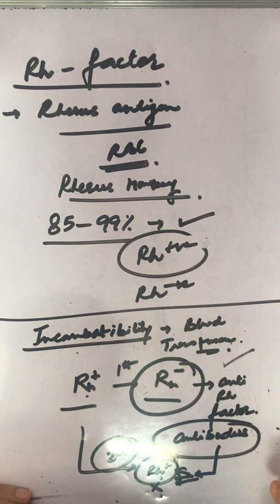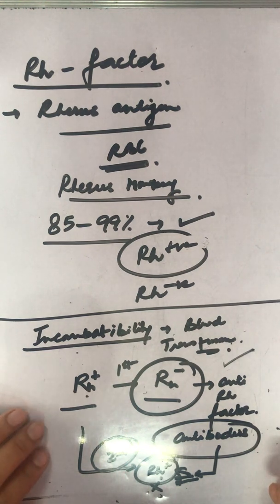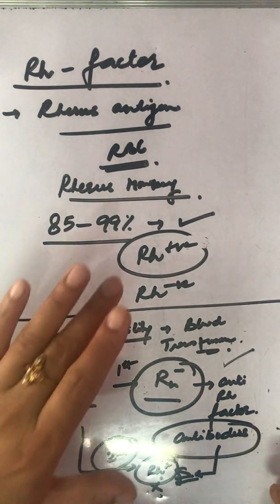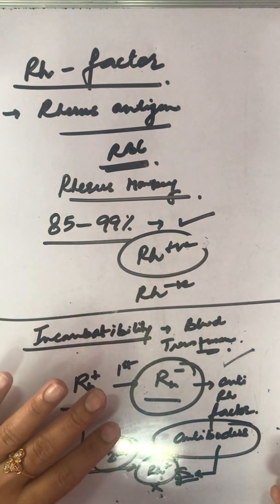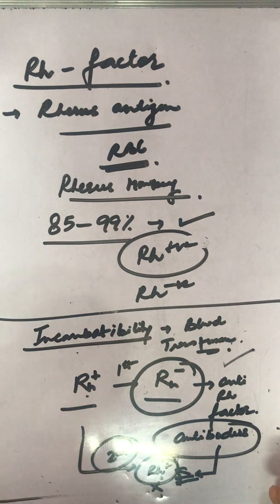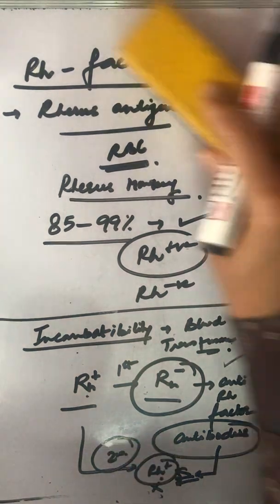A very important example we are going to discuss is incompatibility during pregnancy. Otherwise there is no harm in having Rh positive or Rh negative factor in one's blood group. It's not a deficiency of any kind.